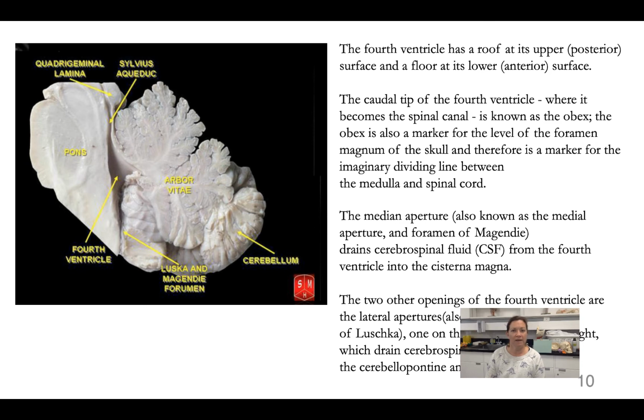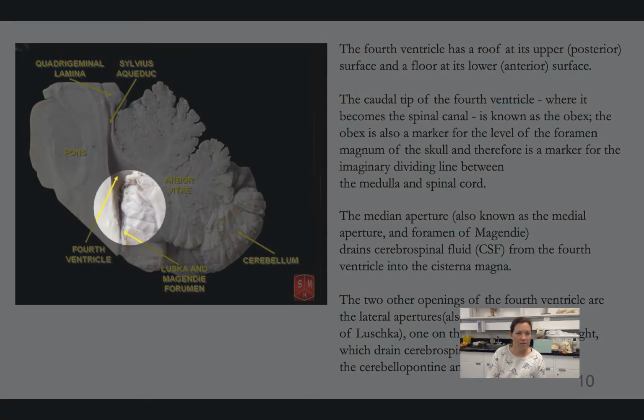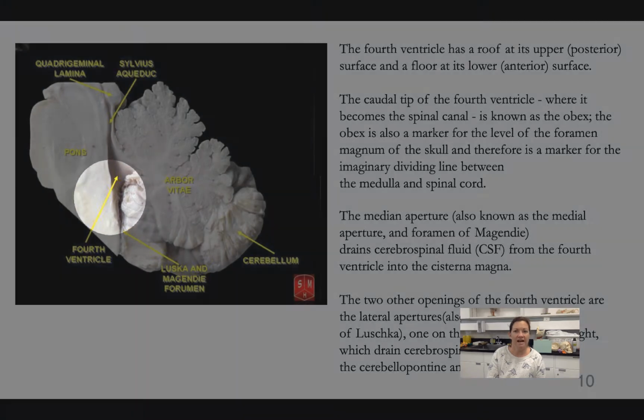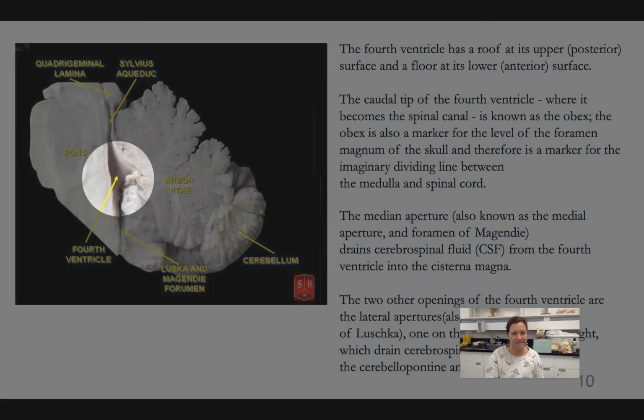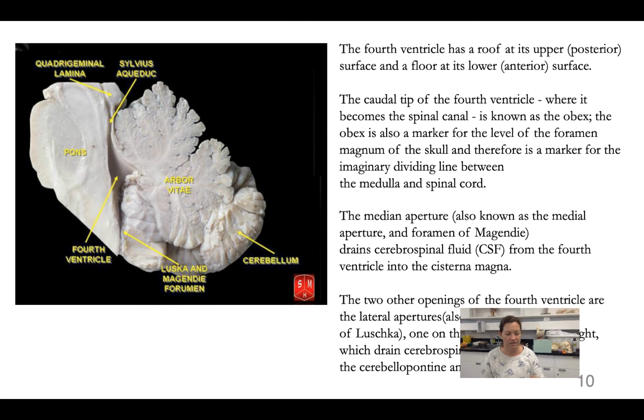So the obex is also the marker for the foramen magnum. At this obex, which is the taper of the fourth ventricle, that is the dividing line between medulla and spinal cord. It's kind of an imaginary line, but at the level of the foramen magnum is where the obex taper is, and that divides medulla rostrally from spinal cord caudally.